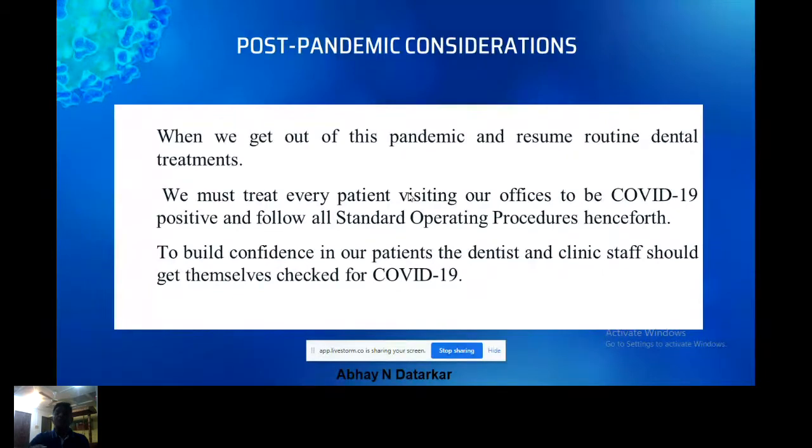You can prepare your own SOPs for your own dental operatory or dental institution. It's very important to build confidence in our patients, as well as our own confidence and the confidence of our clinical staff. We should follow all these standard operating protocols, what we call the SOPs, in post-pandemic considerations.